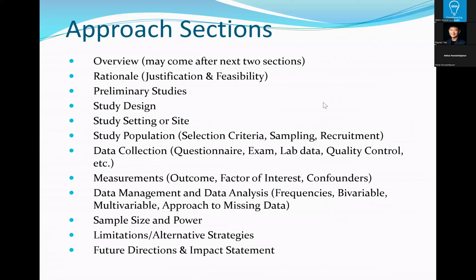Like I said, the alternative strategy or limitation section is not going to be more than half a page. You don't want it to be very long. You want it to be very directed to things that you think the reviewers are going to highlight.